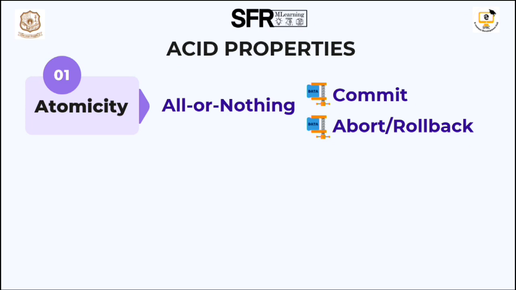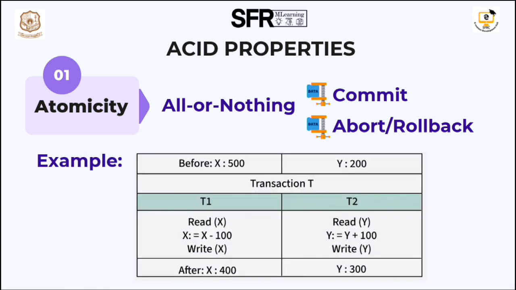What is commit? If a transaction is successful, the changes are applied permanently. Then rollback or abort: if the transaction fails, any changes made during the transaction are discarded. Let's see with an example.